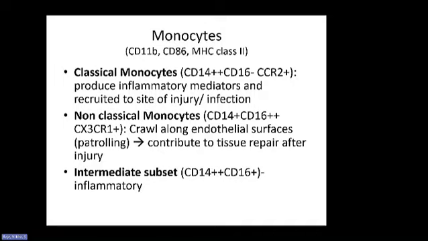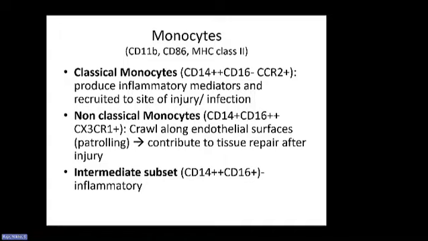They are CD14 highly positive, CD16 negative, and also have CCR2 on them. They are the ones that are recruited from the blood to the site of injury or infection and release inflammatory mediators. Non-classical monocytes, on the other hand, are CD14 dimly positive, CD16 positive, and CX3CR1 positive.